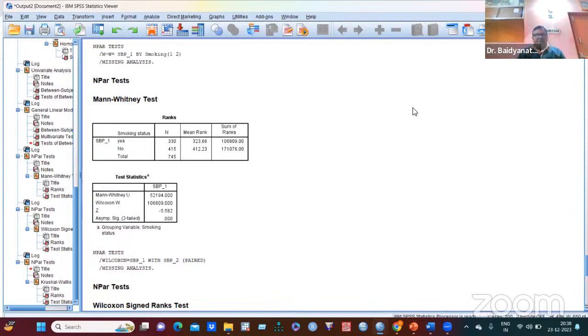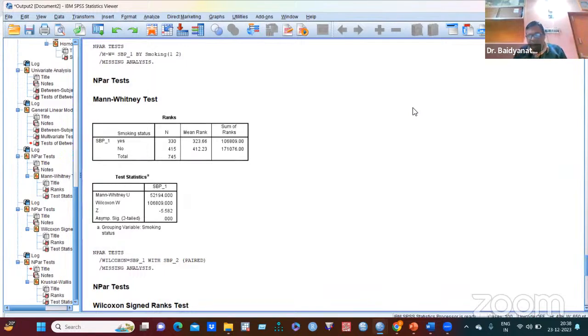So we finish this: one sample t-test, independent t-test, paired t-test, one-way ANOVA, two-way ANOVA, one-way ANCOVA, two-way ANCOVA, one-way MANOVA, two-way MANOVA, and non-parametric tests, Kruskal-Wallis test, Mann Whitney test, Wilcoxon test, like this way.